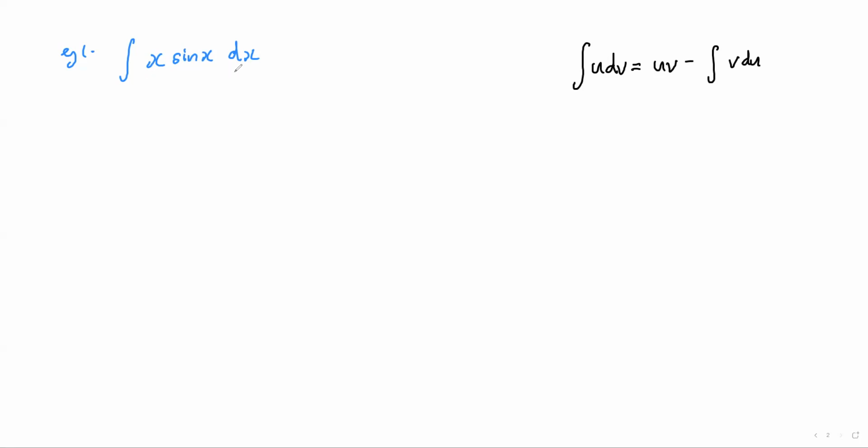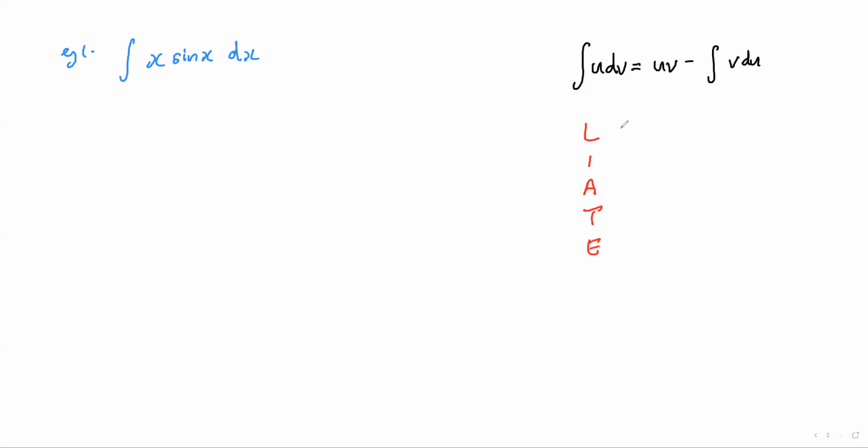Before we do the integration, we have to identify which one is dv and which one is u, because we're trying to use the formula u dv. One of them is dv and one of them is u. So how do we identify that successfully? There's actually this LIATE to help us.